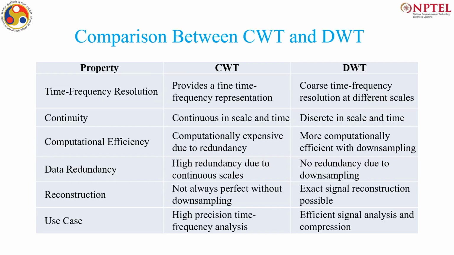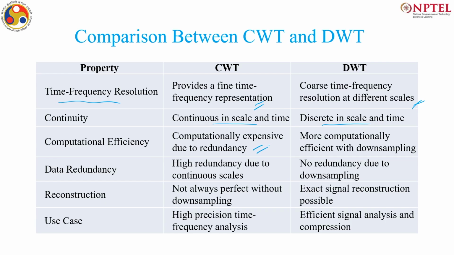So, to compare between the CWT and DWT. If we talk about the time frequency resolution, CWT is a fine time frequency representation, because the scales and these translations are continuous, whereas these are given at specific scales. So, that is the continuity in scale and frequency, whereas this is discrete in scale and frequency.